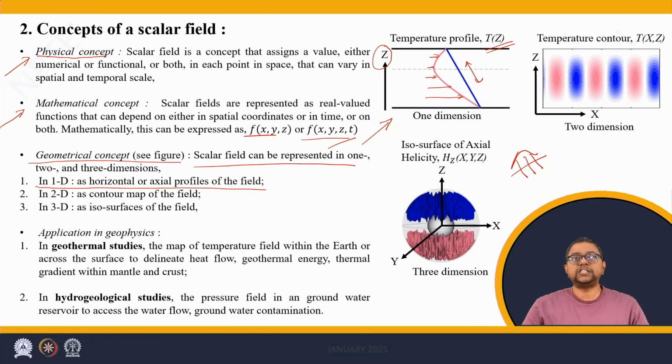Similarly, we can extend this concept to 2 dimensions, taking temperature again as the scalar field, as a function of x and z. This gives a 2-dimensional domain over which we can represent the temperature scalar field in the form of contours.